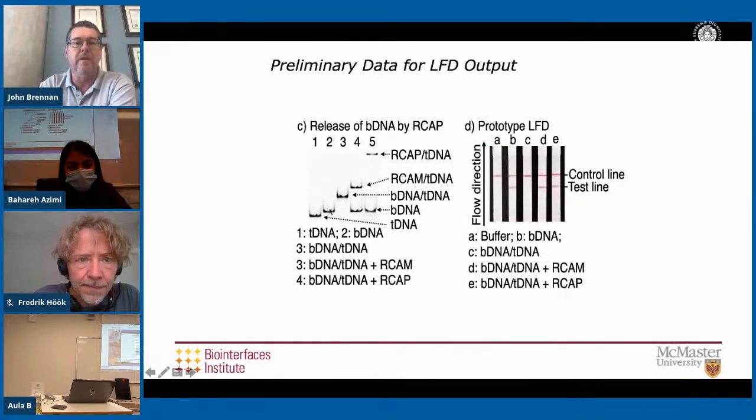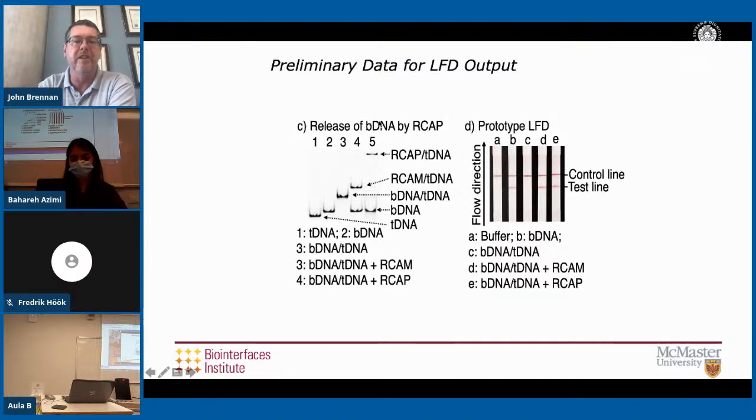So does it work? Well, the first question is, does this release of the bridging DNA by the RCAP work? So we love doing gel electrophoresis. I think we must run about 100 of these a day at this point. So this basically shows there's your toehold DNA. There's where your bridging DNA should show up.